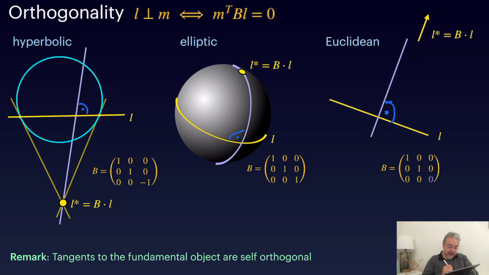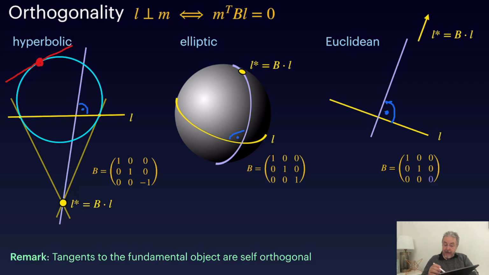Let's take a tangent here, and the pole of this tangent is this point here, which tells you that this line goes through its own pole, which means it's orthogonal to itself. This means such counterintuitive things like lines being perpendicular to themselves may happen in Cayley-Klein geometries.